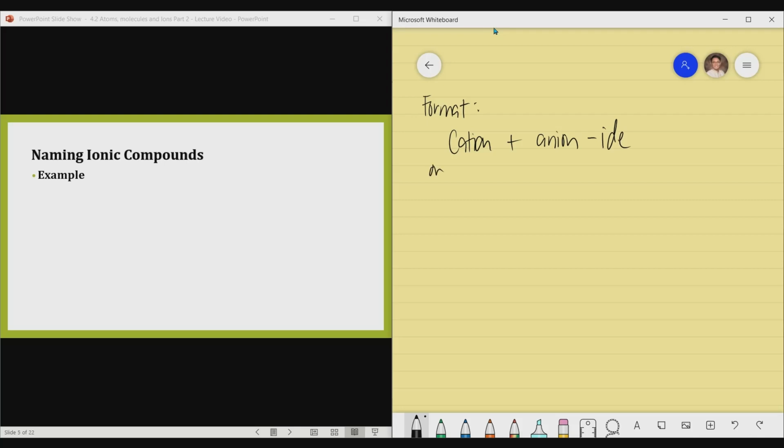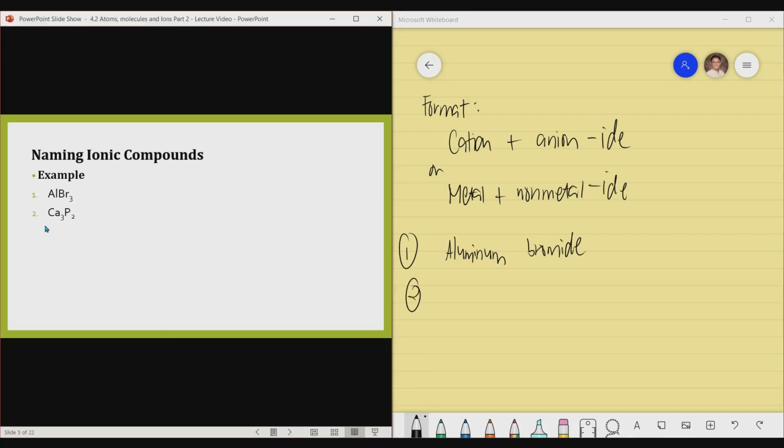Or another form is your metal plus non-metal and then IDE. Either of the two, we can use as format. AlBr3, so I could name this one as aluminum, the first element, and then the second one is bromine, adding IDE, aluminum bromide.